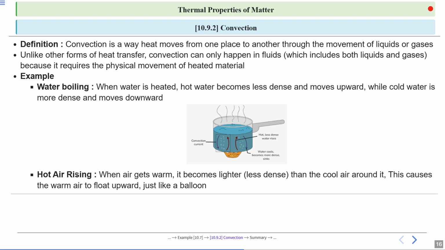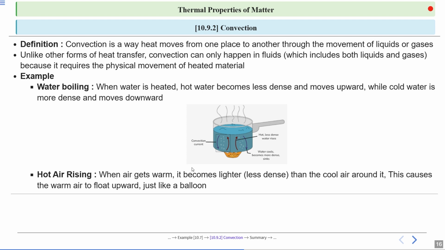Similarly, one more example, hot air rising. When air gets warm, it becomes lighter, or we can say less dense than the cool air around it. This causes warm air to float upward, just like a balloon. So we know warm air has less density, cold air has larger density.